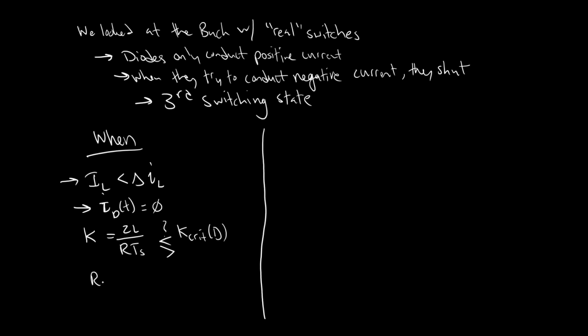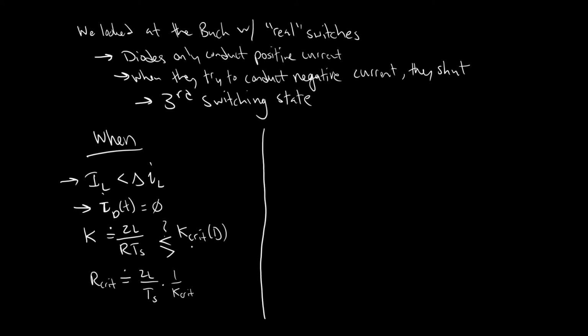Rcrit, it turns out we define it kind of how we define Kcrit. It's going to vary. But I think generally we can say that it looks like 2L over TS times 1 over Kcrit.